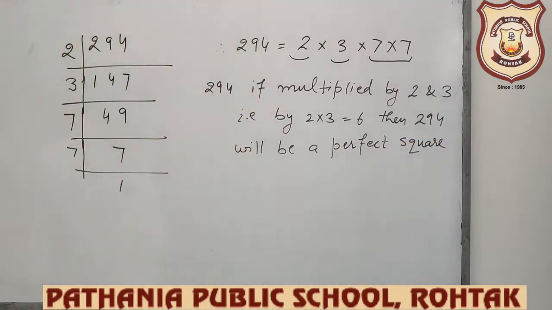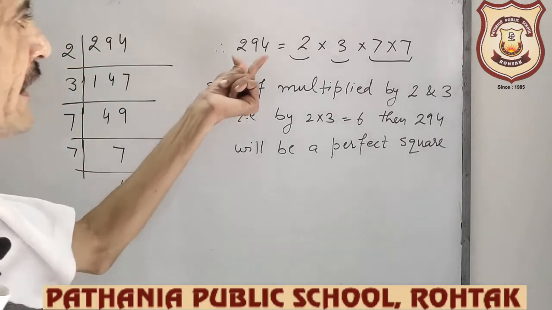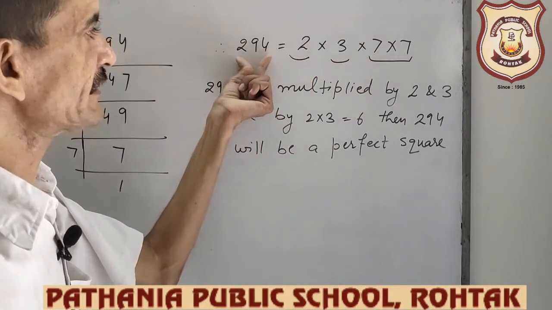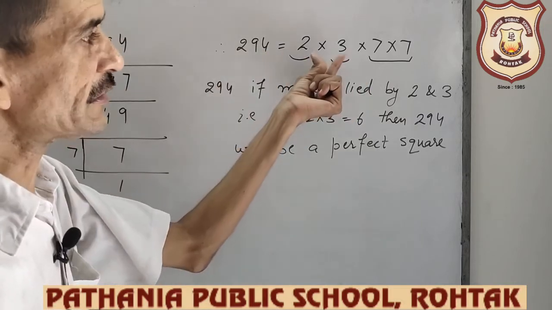So what is the method? Method is this: if any question is like this, find the smallest number by which we multiply the given number so that it will be a perfect square. So what is the method? Find all the possible prime factors of the given number. Then, because the product of prime factors is equal to the given number, observe the product.